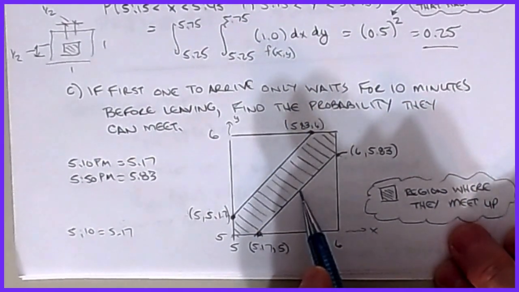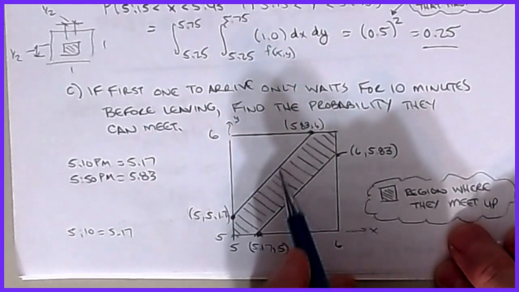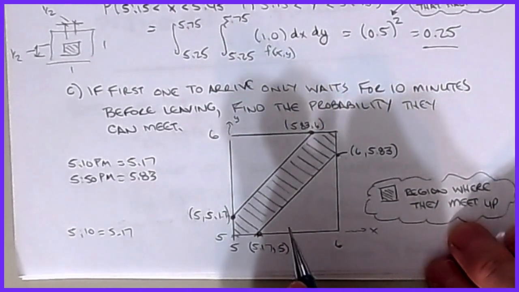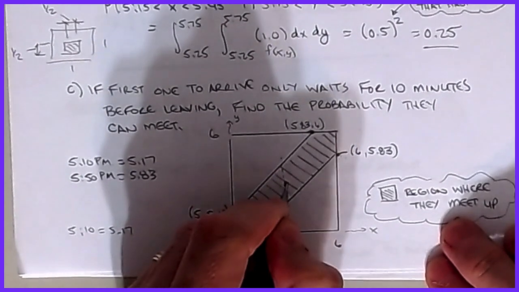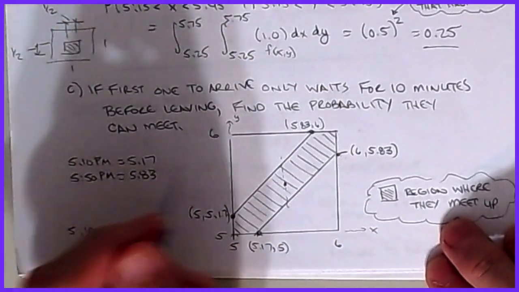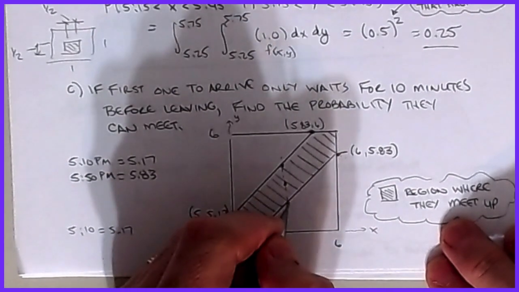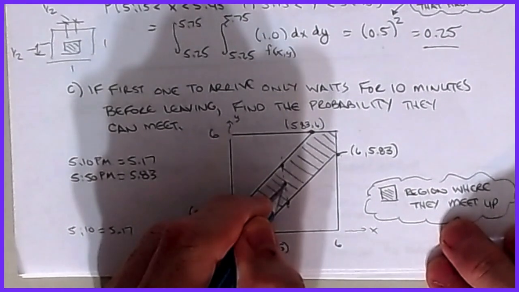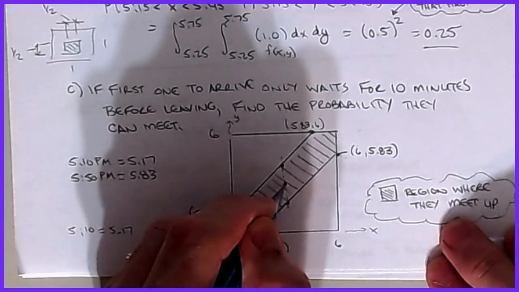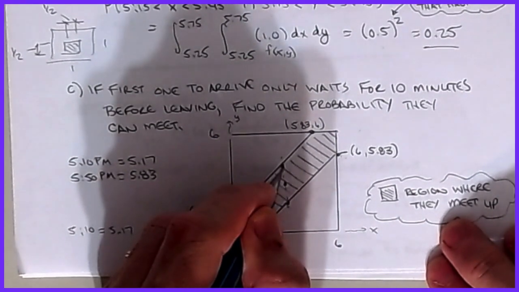Now again, if I meet here, there's still just that 10-minute window happening off of this. In fact, for a point that's here, if Annie arrives at this time, then Bob has until either here or here, he'll meet her. Because if he arrives here within 10 minutes before she arrives, or here within 10 minutes after, they'll meet up before she leaves.